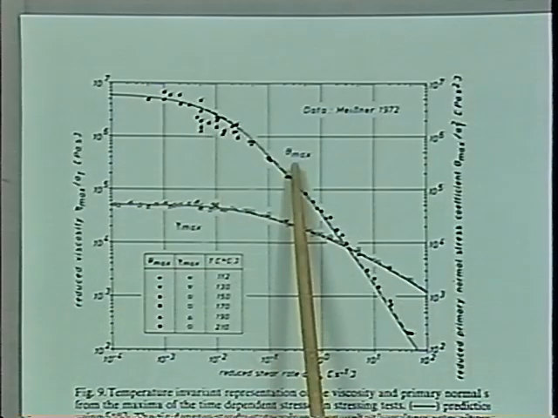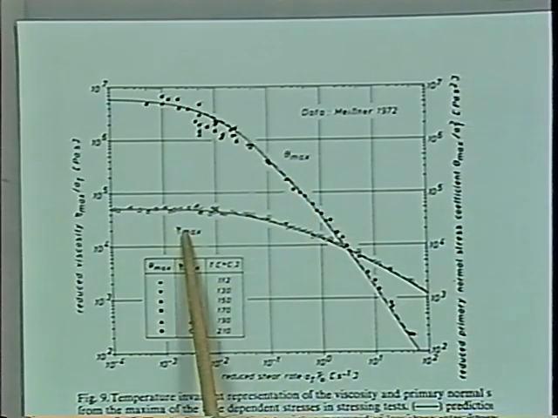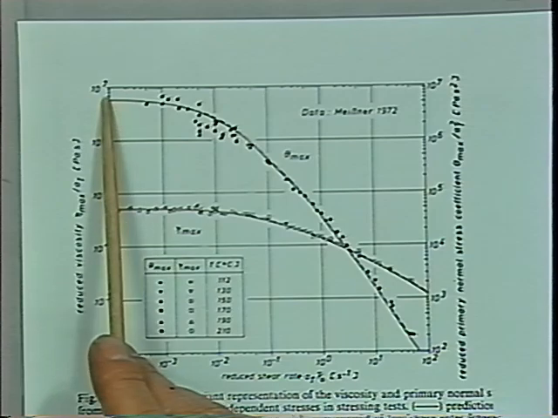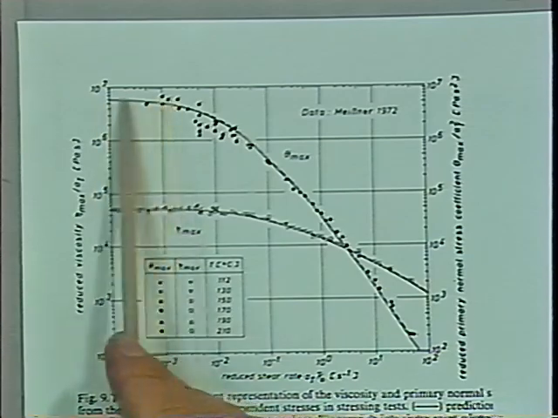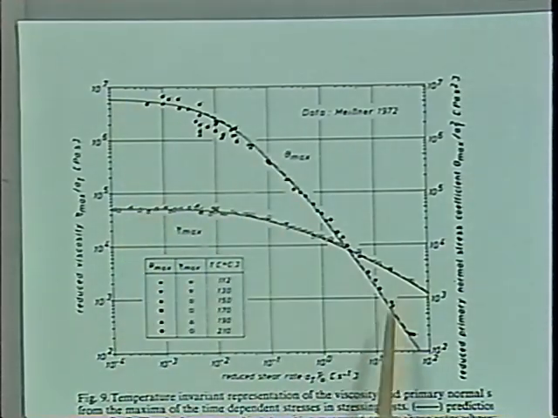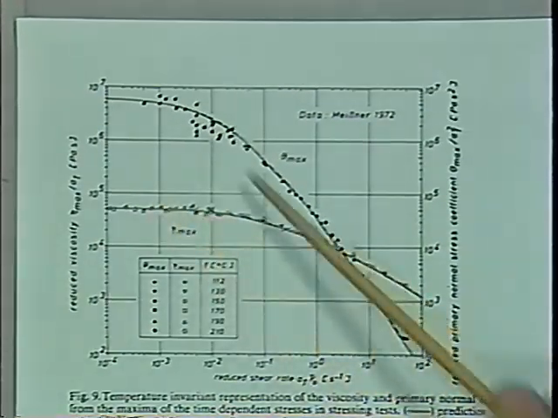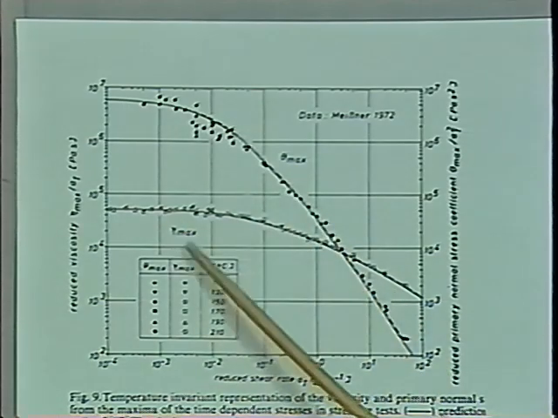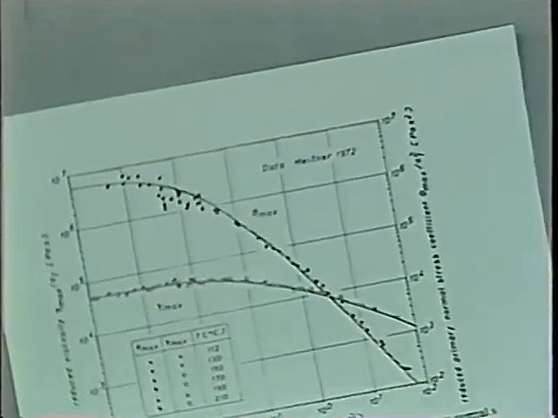The maxima in those experiments, this is the maximum value for the first normal stress coefficient and the shear stress, are very high at low strain levels. There's a linear viscoelastic limit somehow, and then they go down. And this is an expression of shear thinning, which affects the shear stress as well as the elasticity as the first normal stress difference.